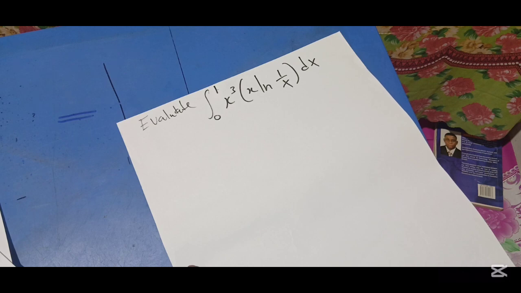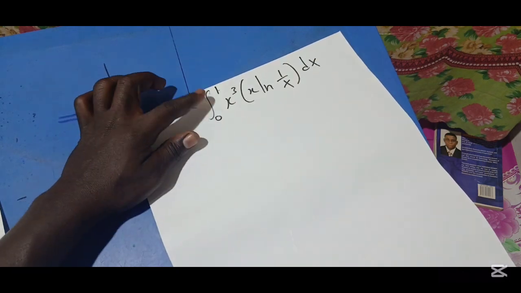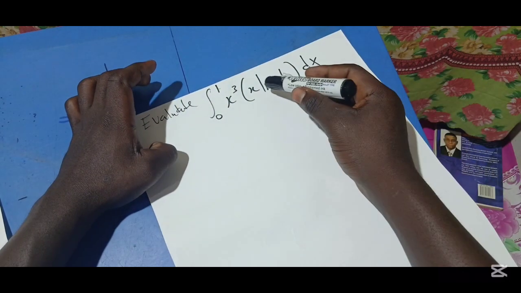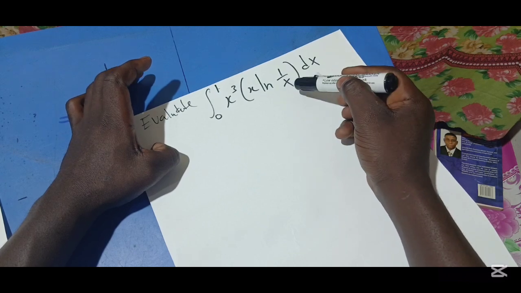So you have to evaluate the integral from 0 to 1 of x cubed times (x ln(1/x)) dx.